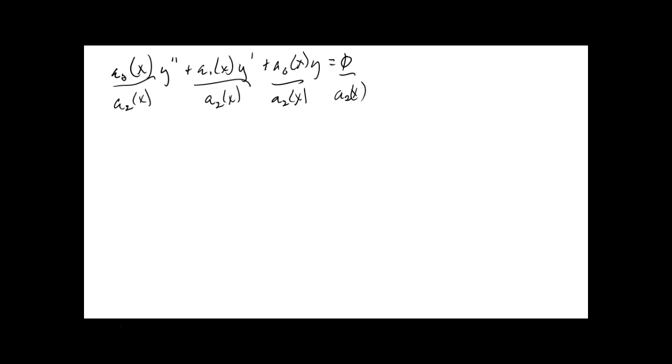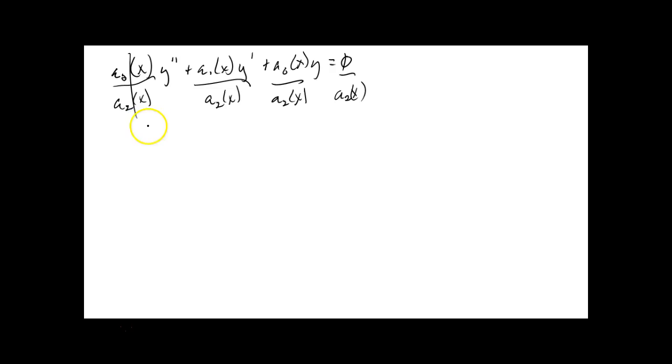What is it you never want to divide by? 0. But of course, if a of x was 0, this would not be a second order differential equation. It would be a first order. So we're safe to say a sub 2 is not equal to 0. In fact, it can't be 0 for any value of x for this to happen. So with that in mind, we can do that. Okay? So that wipes out your coefficient here.